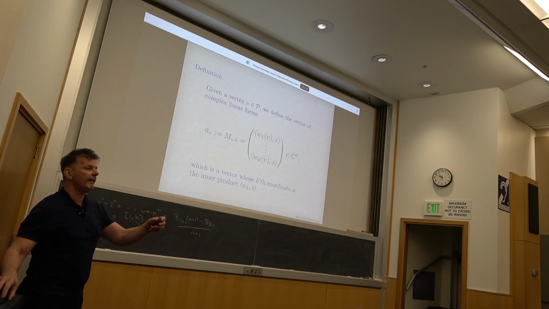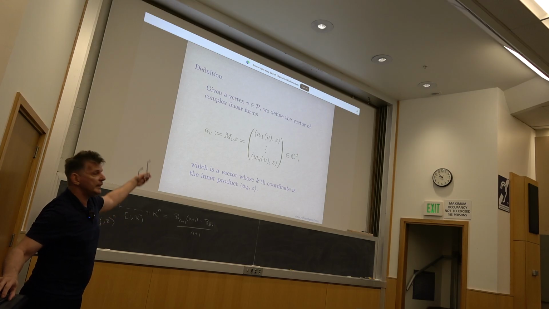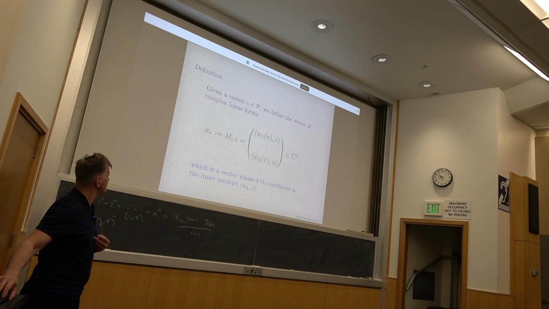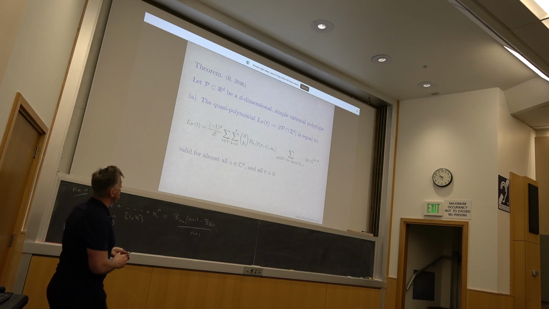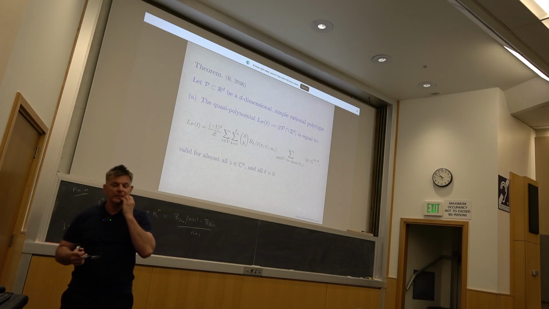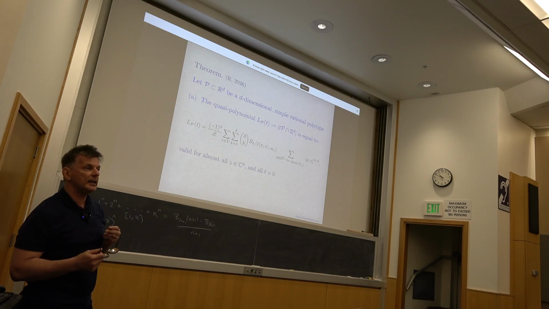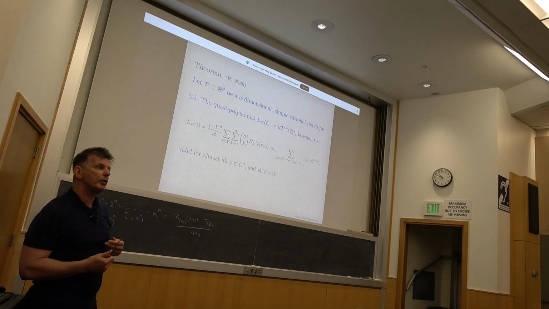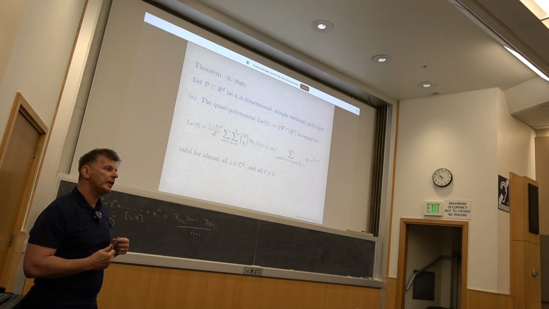This is easy to compute. It's the given data. You're given the vertices and the edges, so given the local data, you know A sub v. Z is a generic complex vector, and that's it. I guess that's the first explicit formulas we have after 50 years of Ehrhart polynomials.